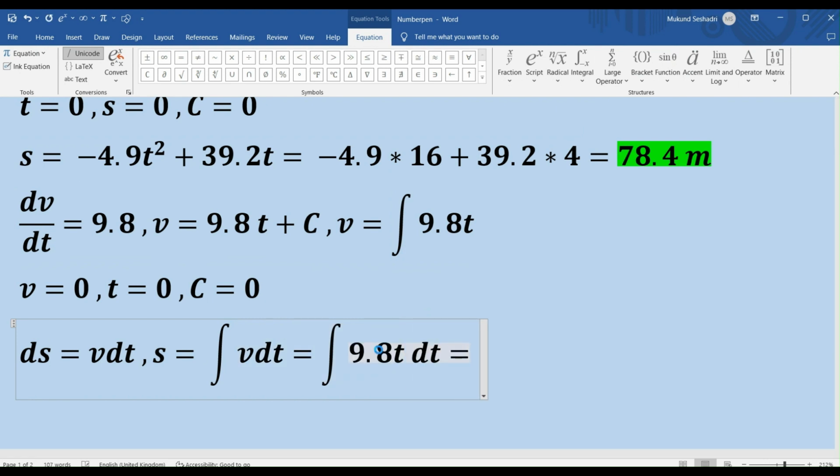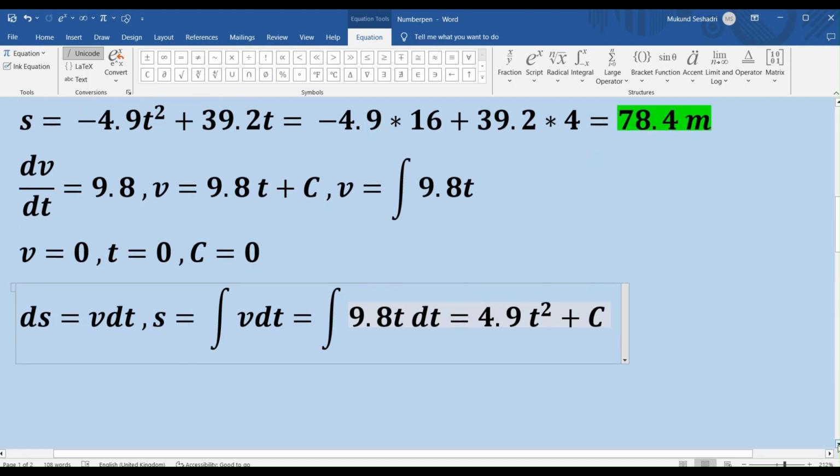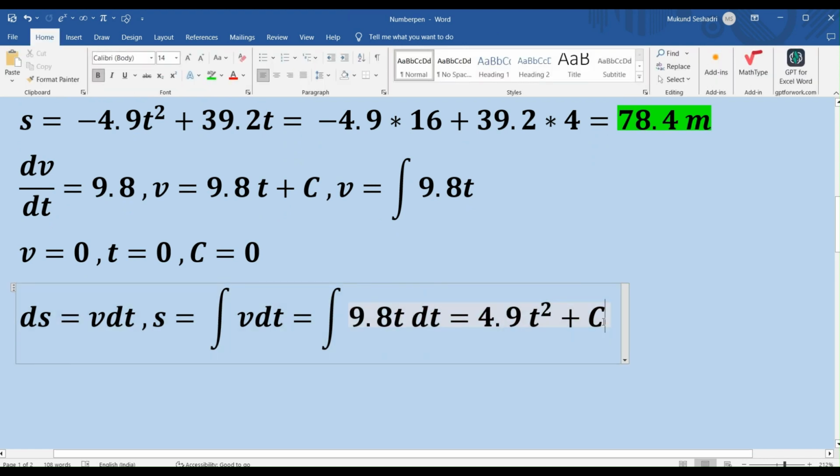This is something which I'm quite familiar with, which is nothing but 9.8 times the integral of t dt, which is nothing but 4.9 times t square plus c, where c is my constant, right? So I know that my s in terms of t is nothing but 4.9 times t square plus c, right? And to figure out what my c is, I need to know.